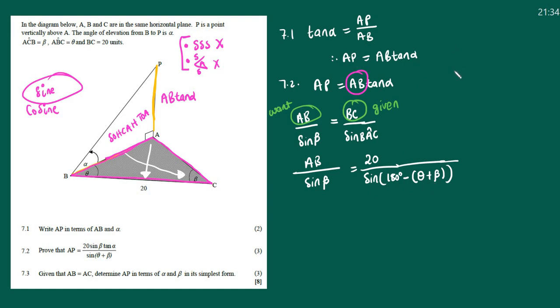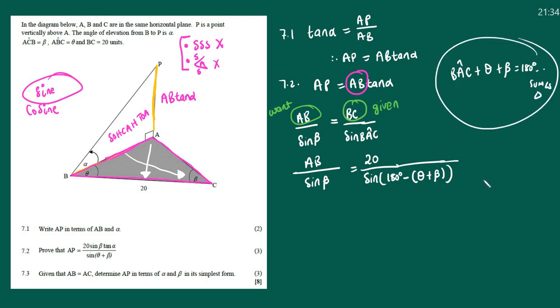If you want to see whether that is really true, BAC plus theta plus beta must give you 180 degrees. You give a reason: sum of angles in a triangle. Try to write this, and then substitute BAC as this. Because now BAC will be 180 minus the two, they are going to go to the other side.